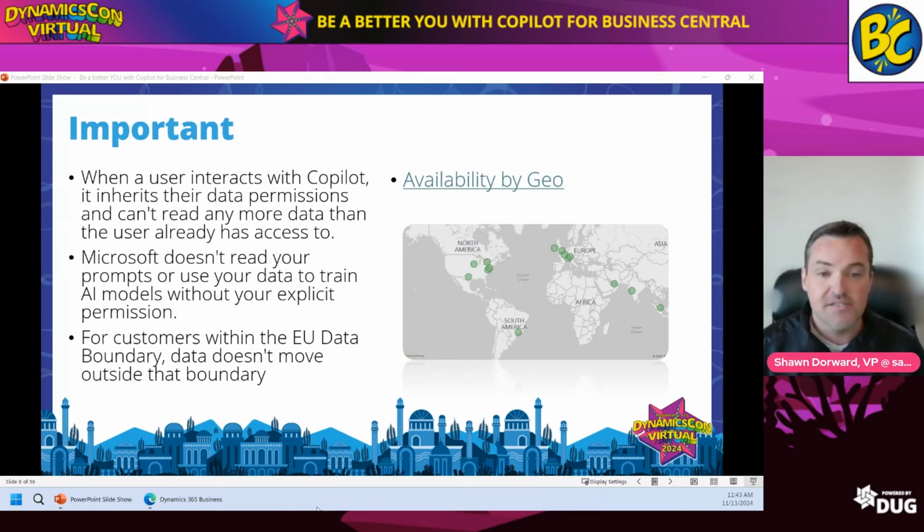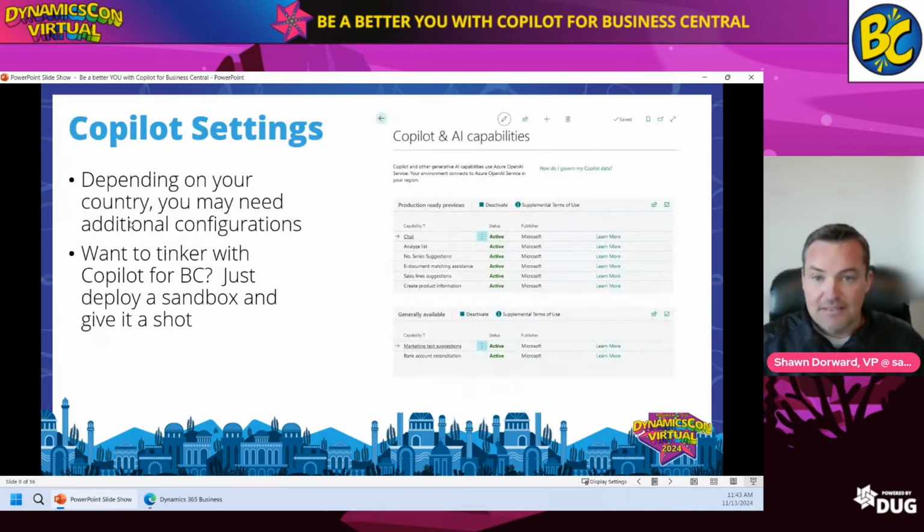So I work with businesses all over the globe, and as Copilot rolled out, there were some folks who didn't have this or didn't have that. That link is availability by geo, and that's not just for Copilot for Business Central. That's for all things. So you'll be able to see by your location what came out, when it came out, or when it's planned. Hopefully that link is helpful as well. I'll be sure to get that to you.